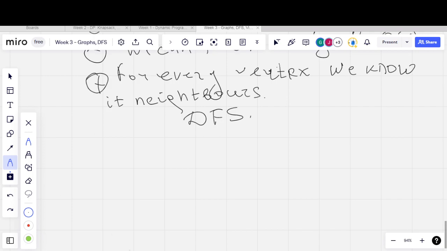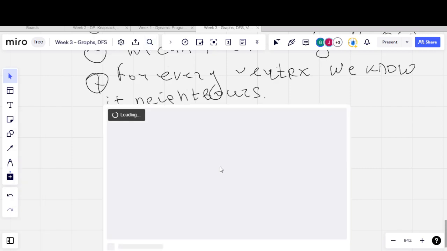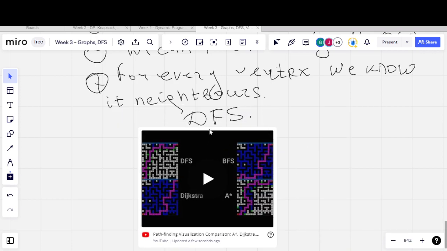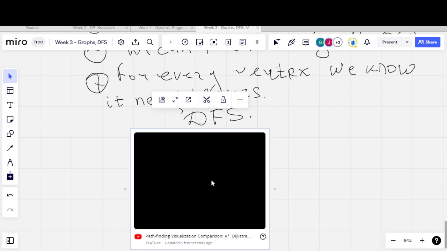So let me put the visualization on the mirror desk. What's DFS, what are the other methods.